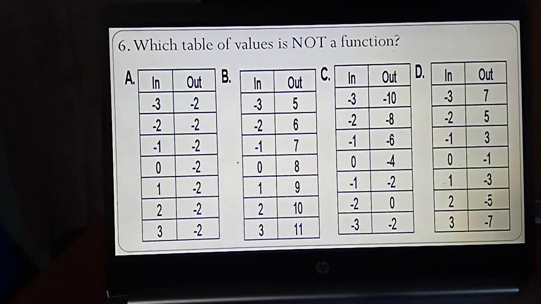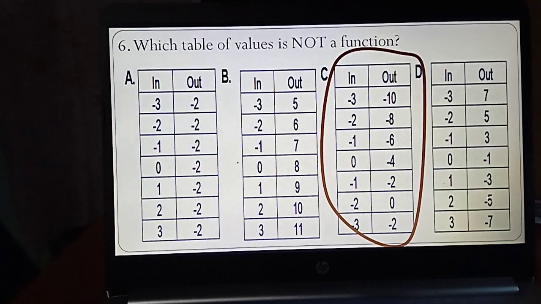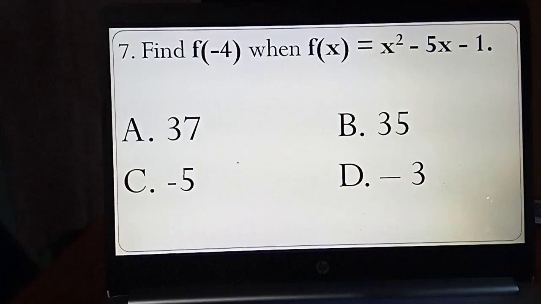For letter B, there is none. For letter C, -3 appears twice, -2 appears twice, -1 appears twice. Therefore, letter C is a table that is not a function. Let us try to see. Okay. So that's it. Let's go to number 7.